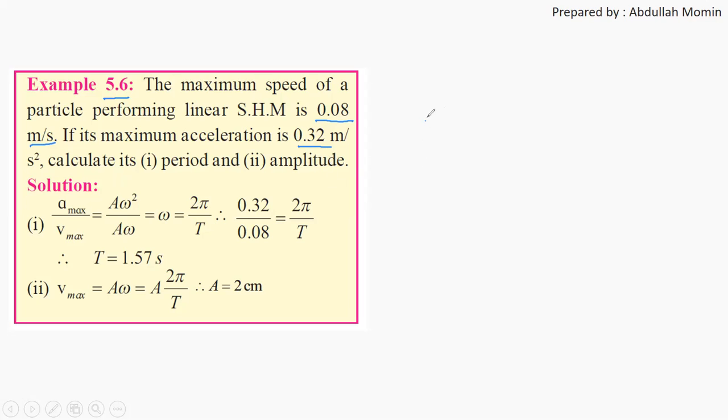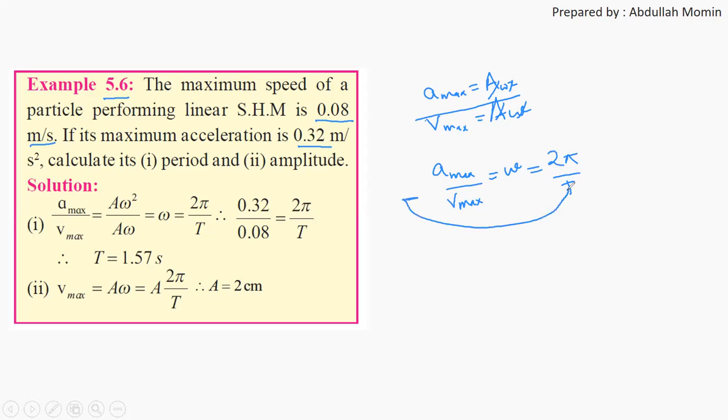So if the velocity is maximum, we have the formula for maximum velocity, that is A omega, and the formula for maximum acceleration, that is A omega square. While dividing these two equations, A and A get cancelled, omega and omega get cancelled. So we can write A max upon V max is equal to omega, and omega is nothing but 2 pi by capital T. So when T goes to the other side, we get T equals V max upon A max into 2 pi.